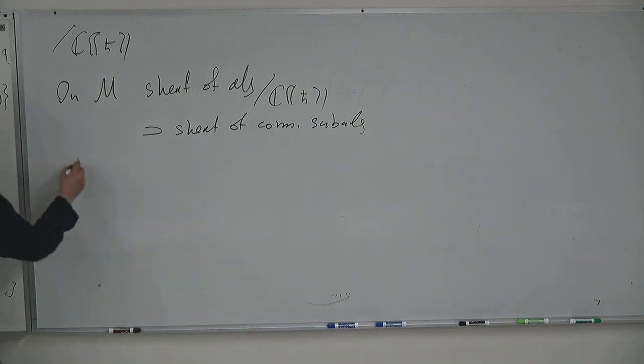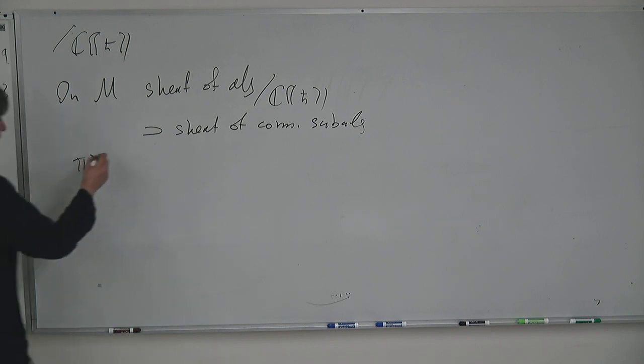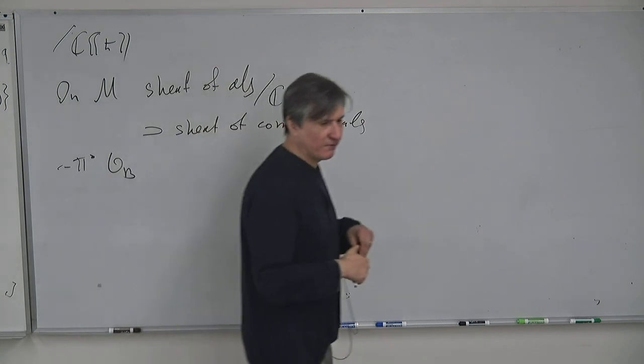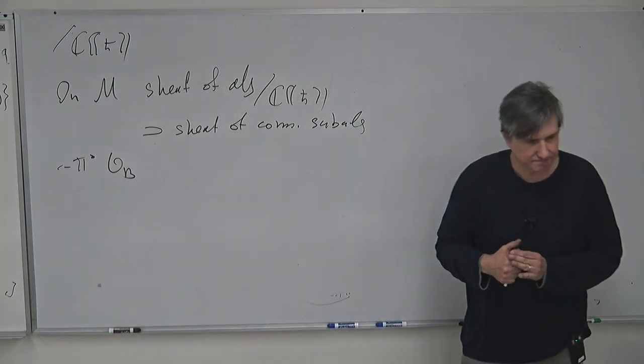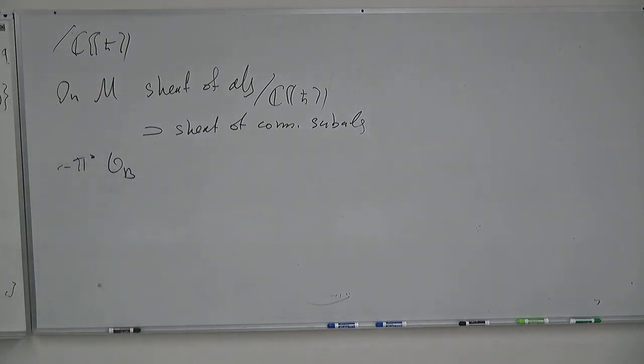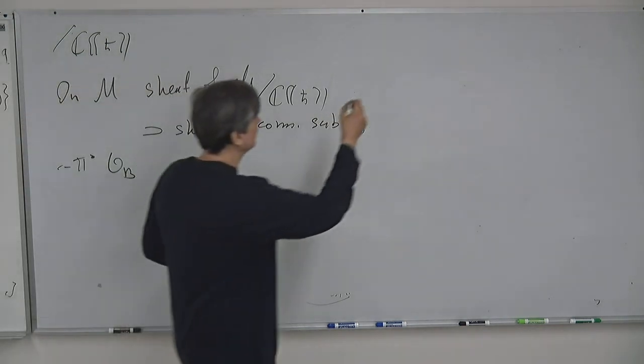You consider functions constant along leaves and holomorphic on the base, the pullback of O_B. So you get a sheaf of algebras and a sheaf of subalgebras. And the story is the following. You have this sheaf of algebras and subalgebras. The claim is that locally they look in an absolutely unique way.